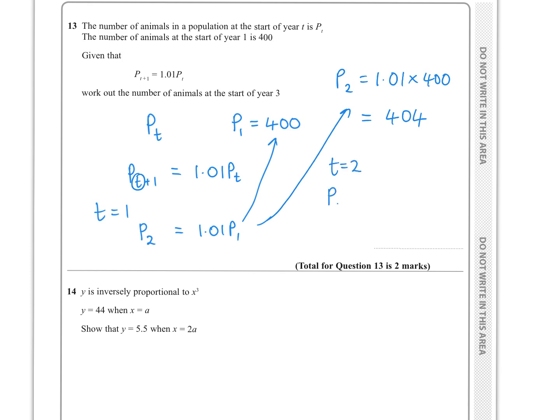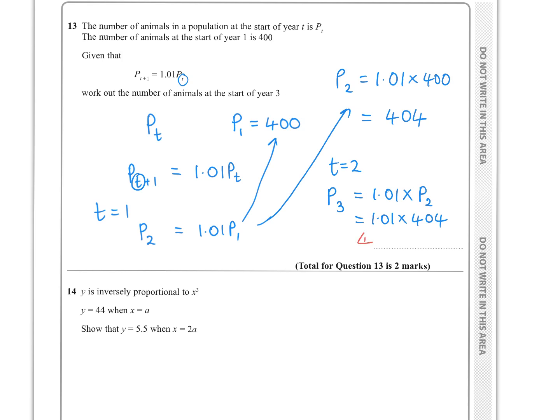So that will give us P of 2 plus 1, which is P of 3, which is going to be 1.01 lots of, and be careful, it's going to be 1 less. And we've already got that because it's going to be 1.01 times 404. So I can do that on the calculator. So 1.01 times 404.